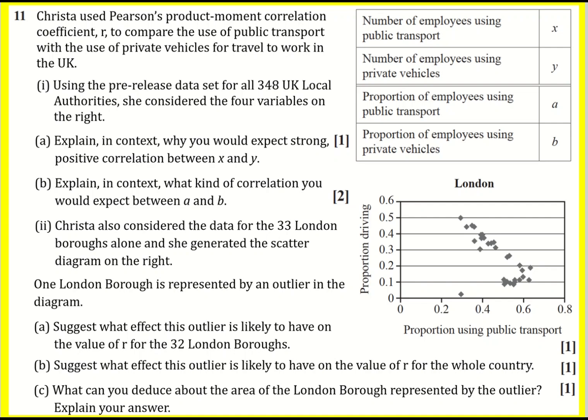So we just need to write that down. I wrote down both X and Y will increase. This is a good example, by the way, of correlation not implying causation. Just because there's a strong correlation doesn't mean that more people using public transport implies that more people will use private vehicles.